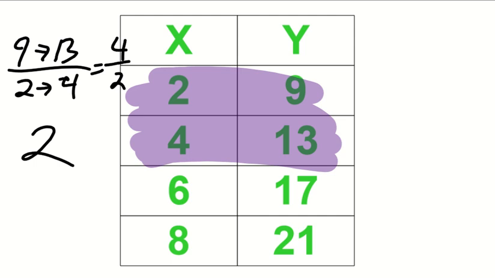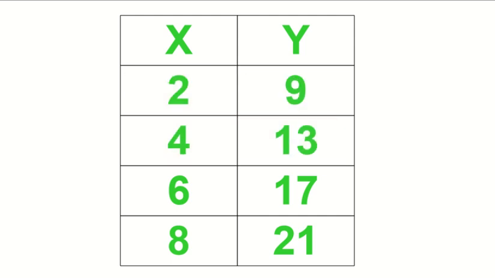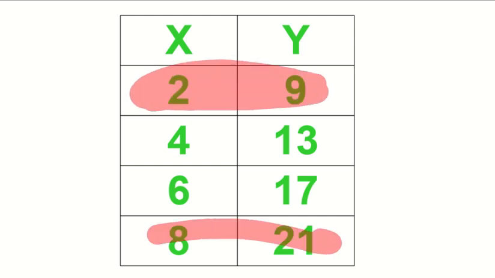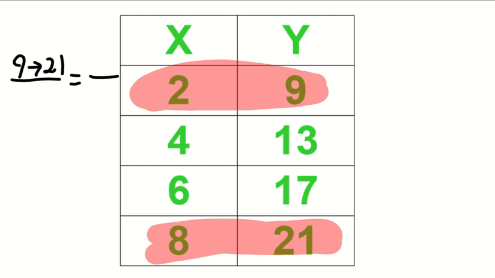Using those 2 points. Just to show you what I meant earlier, I'll use another 2. I'm going to use that first one again. So we'll use that (2, 9) again, and I'll just use this bottom one. So what are my y values now? 9 and 21. So if we go from 9 to 21, that's increasing by 12.